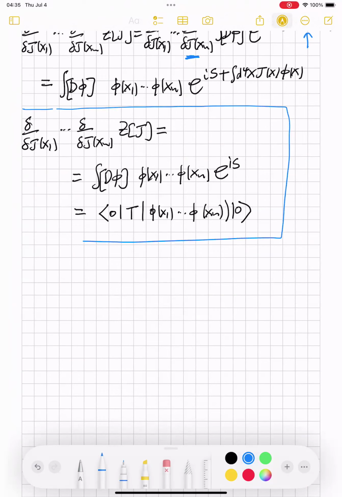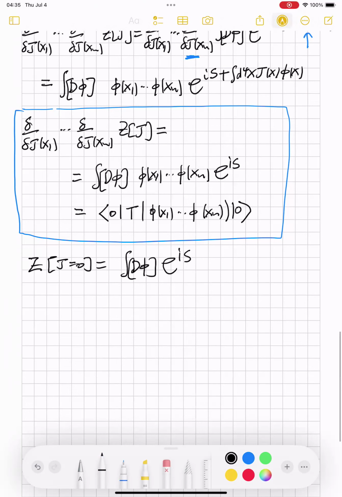Now, let's see if we can work out what Z is when J is equal to 0. Z when J is equal to 0 is nothing but the integral d phi e to the iS, and that's it.